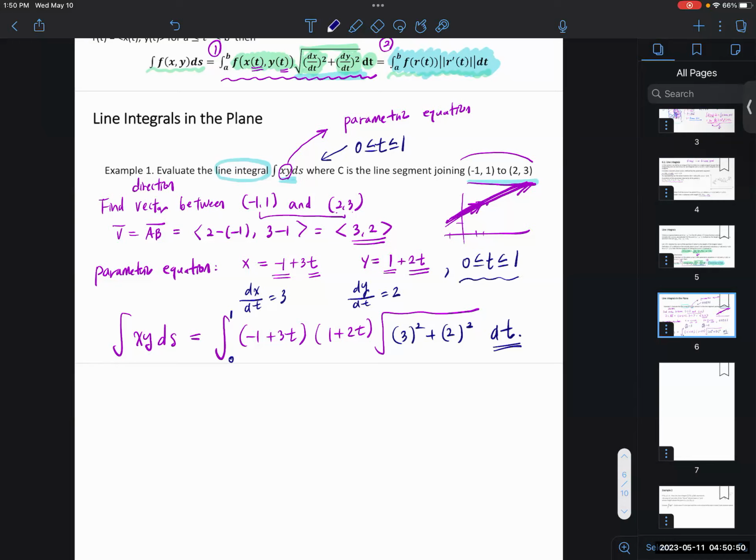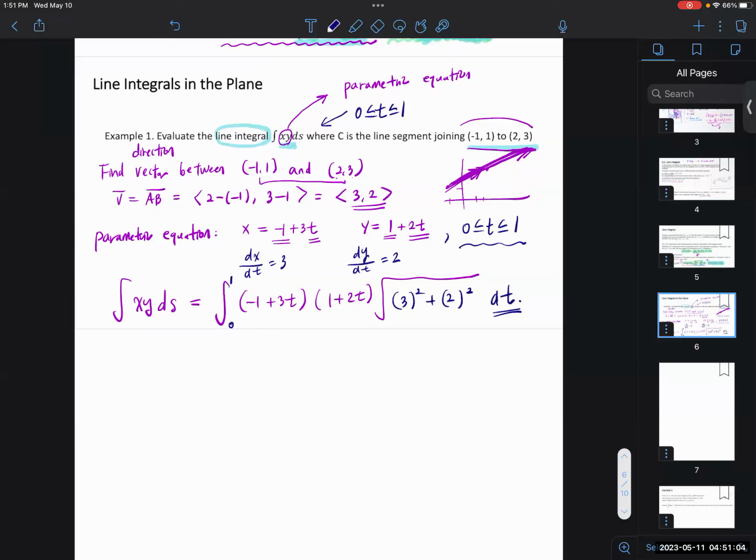So x is changing with respect to t between 0 and 1, and y is also changing depending on t between 0 and 1. That's what they mean, right? All right, so now the rest of the work is to simply take the integral. We have all the information. From 0 to 1, you can use the distributive property.